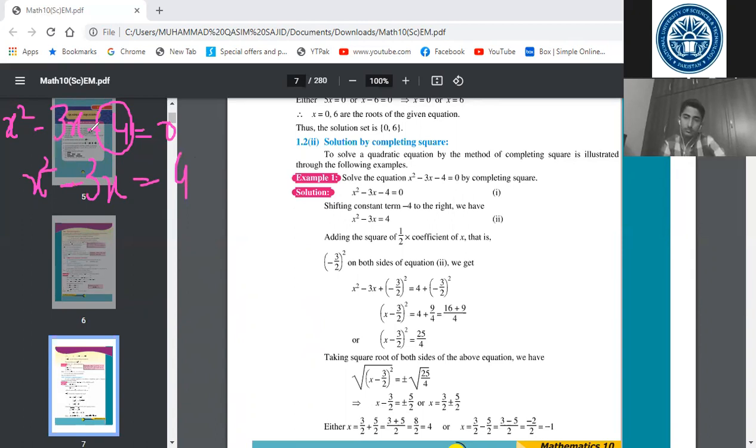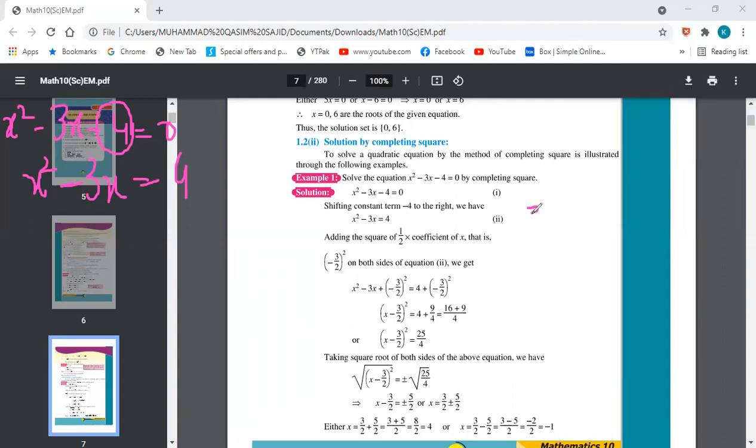Now the second step is adding the square of half of the coefficient of x. The coefficient of x is minus 3, and then you have to multiply with half.